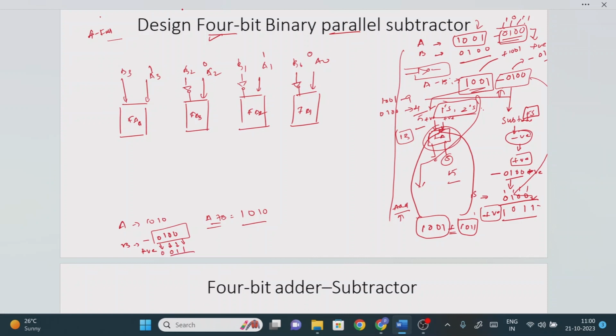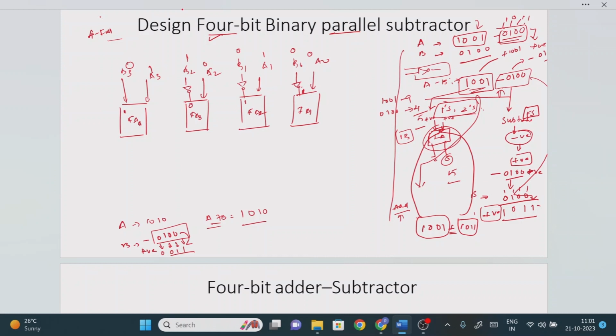The moment we give the B bit value 0100, right, and it comes to the full adder, it will not accept the negative number, right? It should become a positive number. The moment it is inverted, you are converting the negative number to a positive number, again negative to positive, negative to positive.